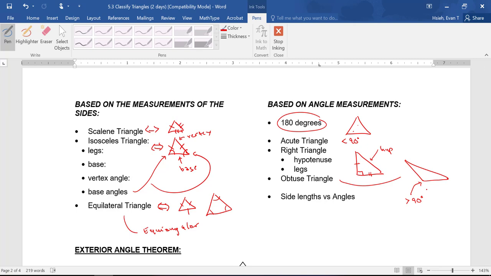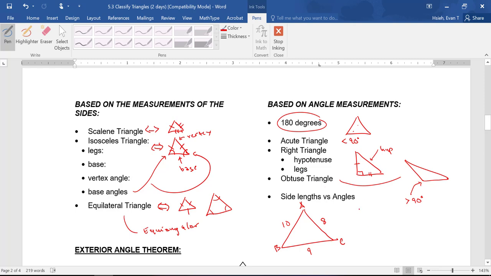Okay, side lengths versus angles. So if I have a triangle where my side lengths are 10, 9, and 8, for example, let's call it triangle ABC. The angle that's opposite the biggest side is going to be the largest angle.